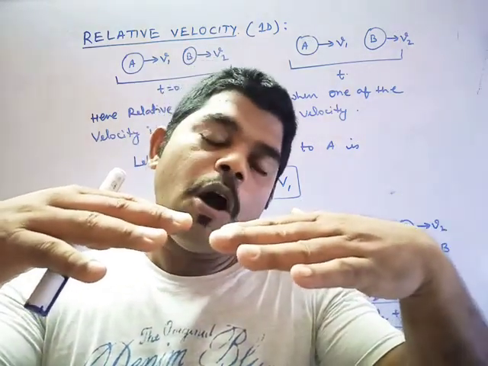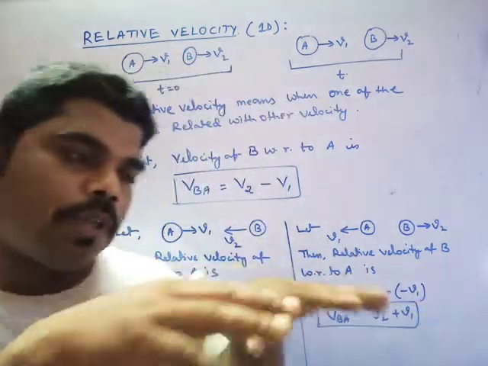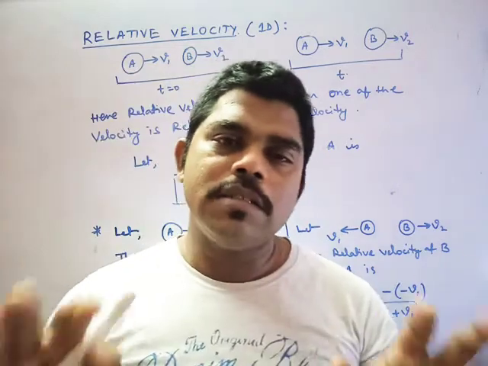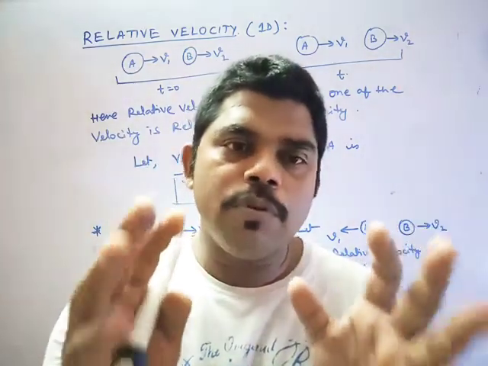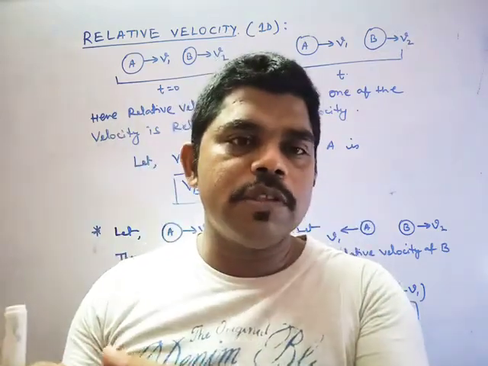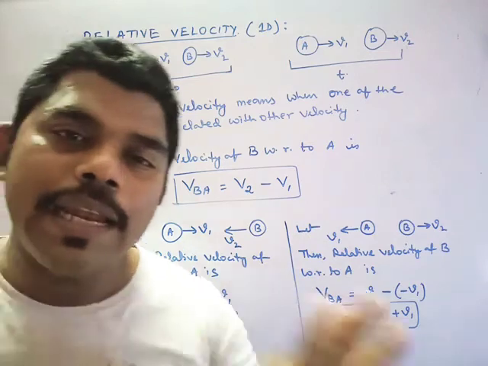This is also called the opposite direction. Or suppose you both are moving on the same track in the same direction, and you are just concerned about your own velocity, then you are not going to bother about your friend's velocity, nor is your friend bothered about your velocity, then they are independent.